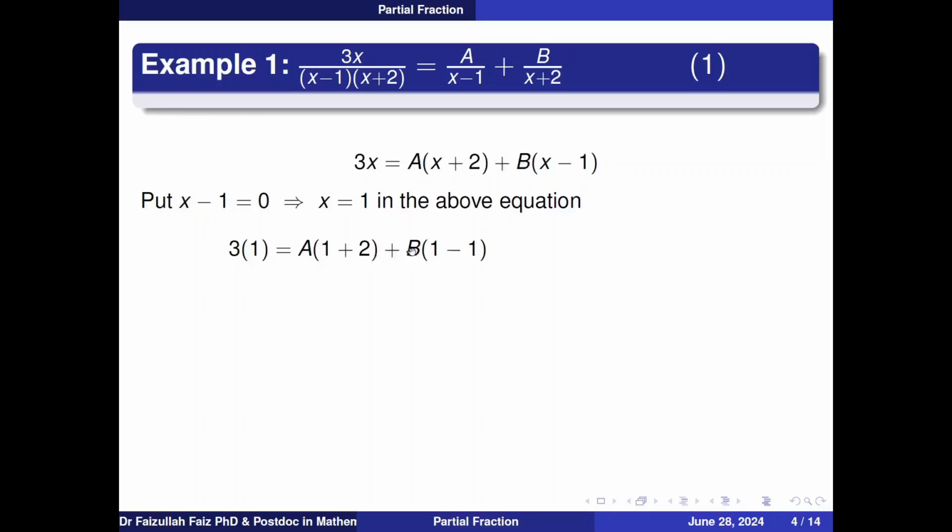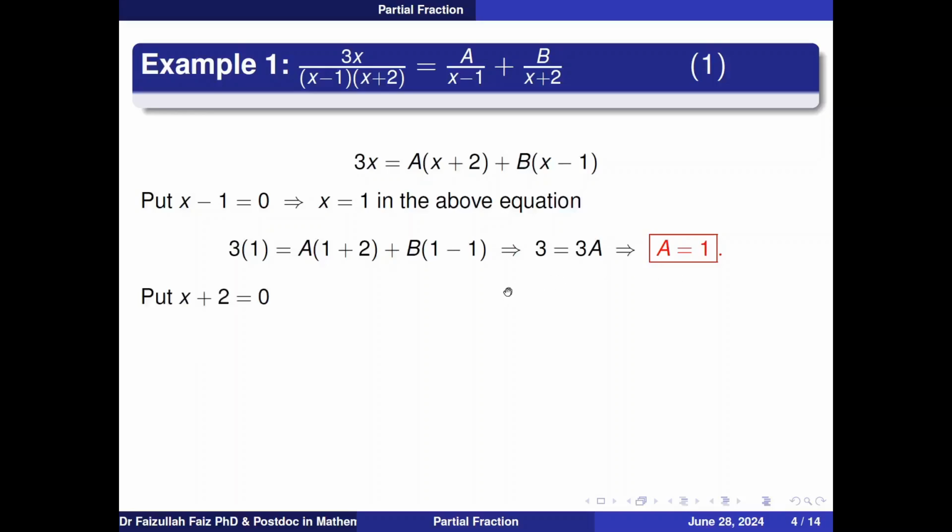Then plus b into 1 minus 1. From the left hand side we get 3, which is equal to 1 plus 2 is 3, so we get 3a, and 1 minus 1 is 0, so that term will become 0. And when we simplify 3 is equal to 3a, we get the value of a, which is 1.